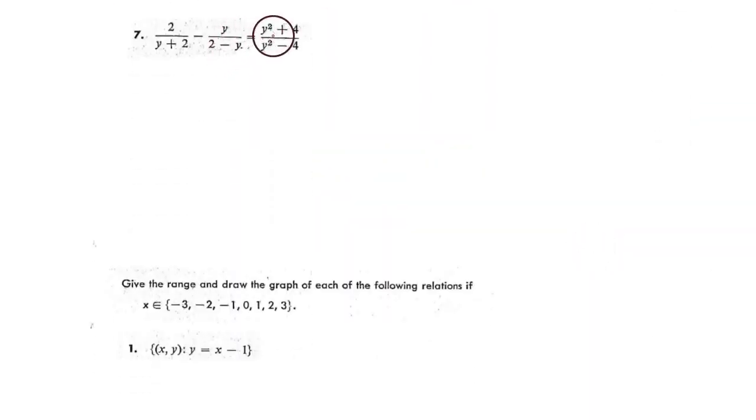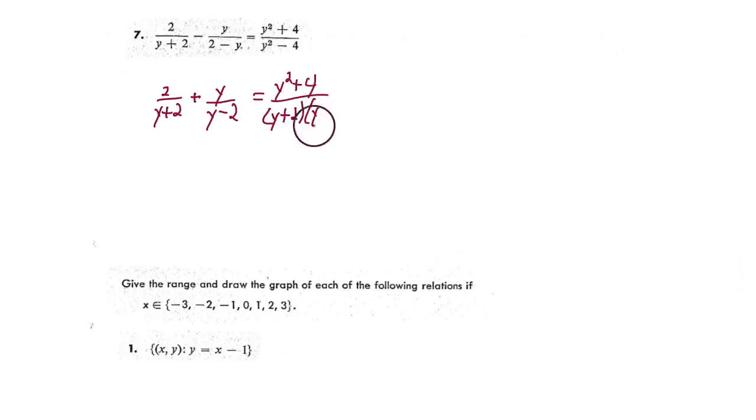Okay, now we're back to an equation, but this time it does not have the look of a proportion. We can't use cross multiply. First thing I'm going to do, though, is factor things. So we have 2 over y plus 2, and then plus y over y minus 2 equals y squared plus 4 over y plus 2 times y minus 2.